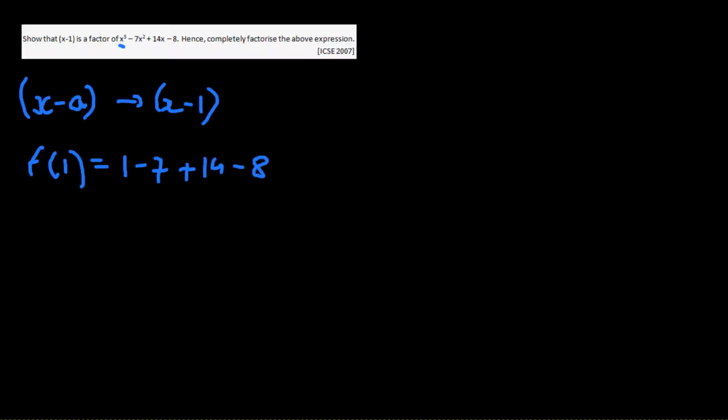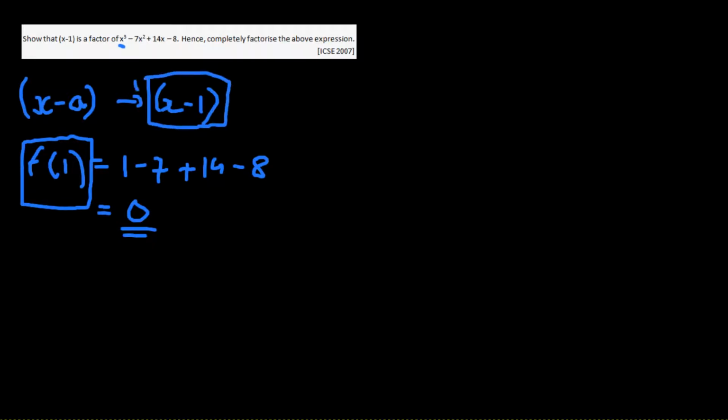So we've been told to prove that this is a factor. So for that, this is the remainder. If anything's a factor, it'll leave a remainder of 0. So if you just solve this, you get 1 plus 14, which is 15, minus 15. So you get 0 over here. So you prove that x minus 1 is a factor of that expression.